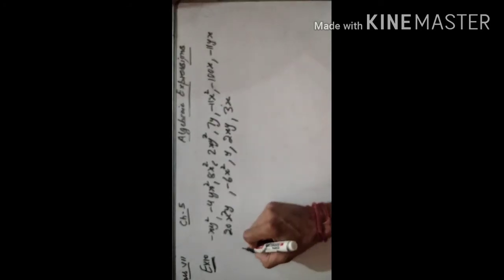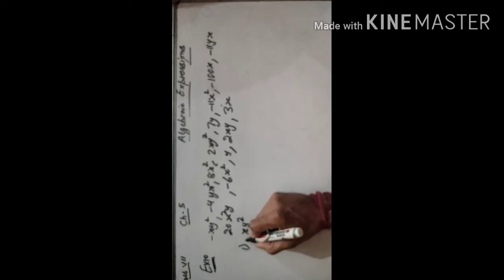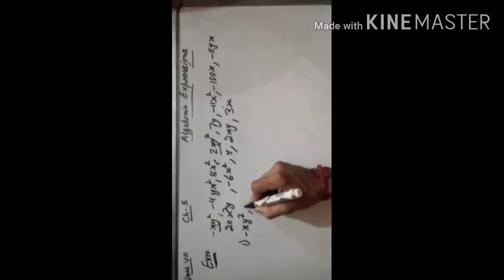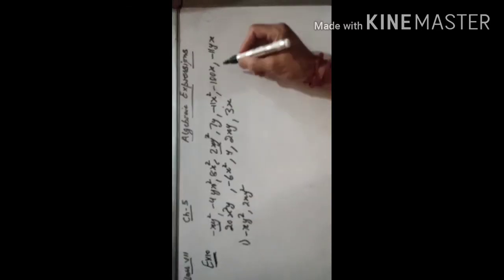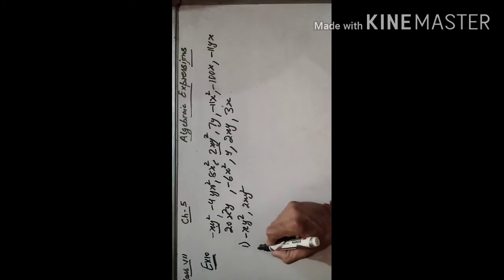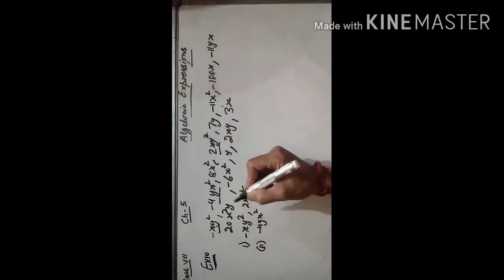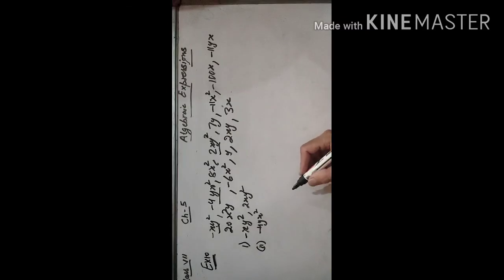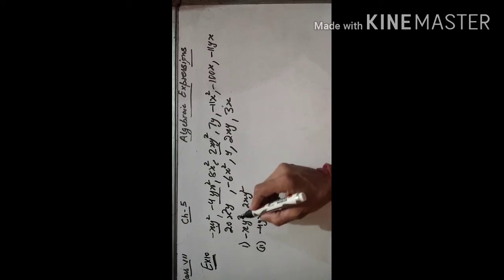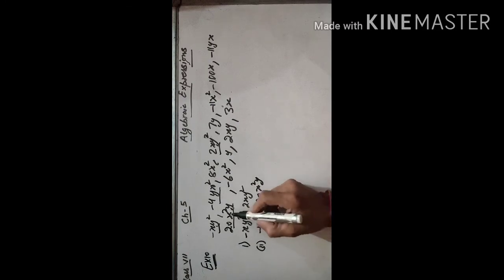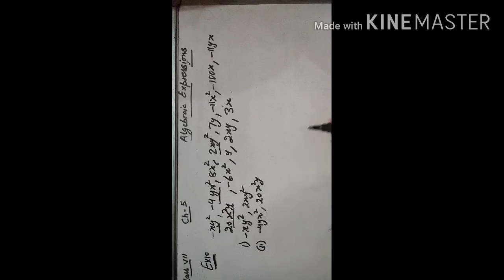First is xy square. The like term of xy square is 2xy square. Second is minus 4yx square, minus 4xyx square, and 20x square y. x square y and yx square are one and the same thing.